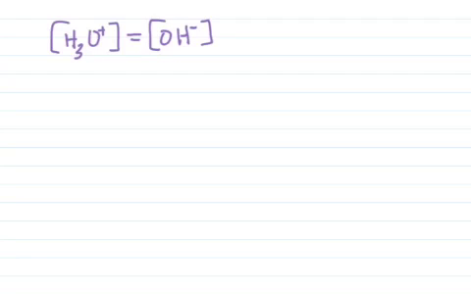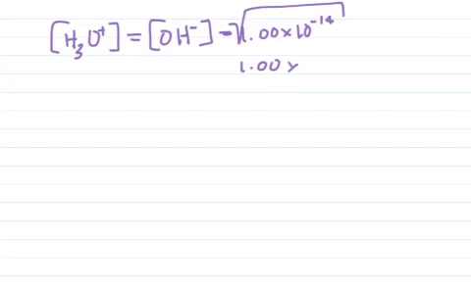Now in pure water we find that hydronium is equal to hydroxide, which means if we square root the 1.00 times 10 to the minus 14th, we get 1.00 times 10 to the minus 7th at 25 Celsius, the molarity for hydroxide and for hydronium.